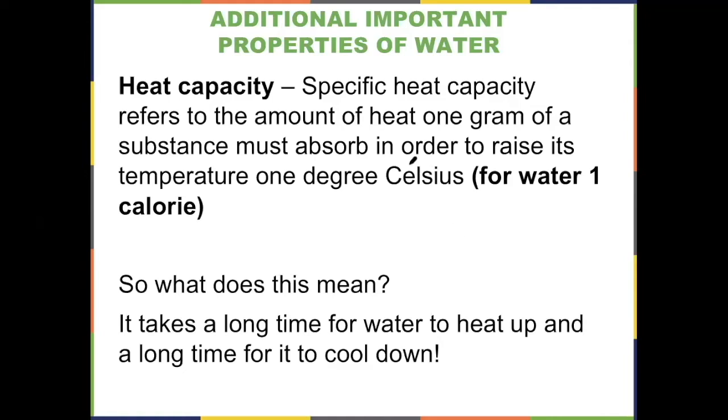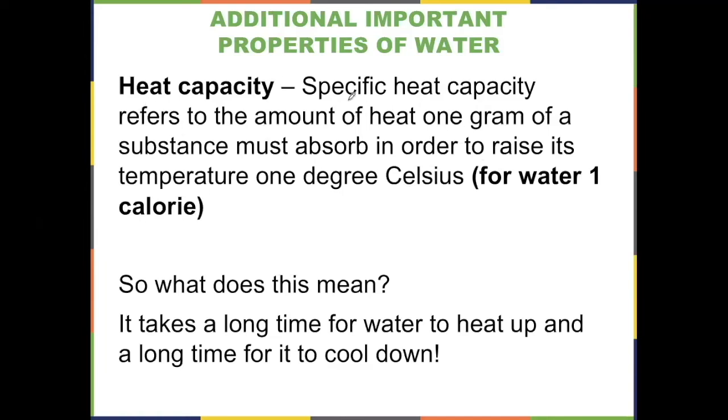Now, there is a way that we measure this property, how much energy it takes to heat something up. It's called heat capacity. And because water is so important, we define the typical unit for this, the calorie, as the amount of heat that's required to raise the temperature of 1 gram of water 1 degree Celsius, right? And we define that as a calorie.